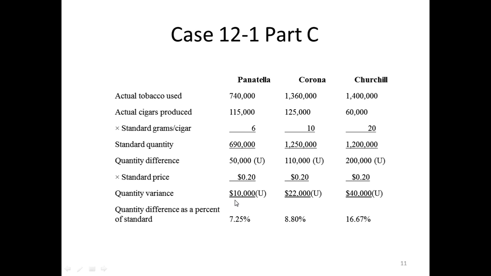The quantity variance for the tobacco is unfavorable for all 3 types of cigars, most notably for Churchills, which is using up 16.67% of the variance, the quantity variance. The lowest spoilage, or the least unfavorable quantity variance, is found in the cheapest cigars, Panatellas.